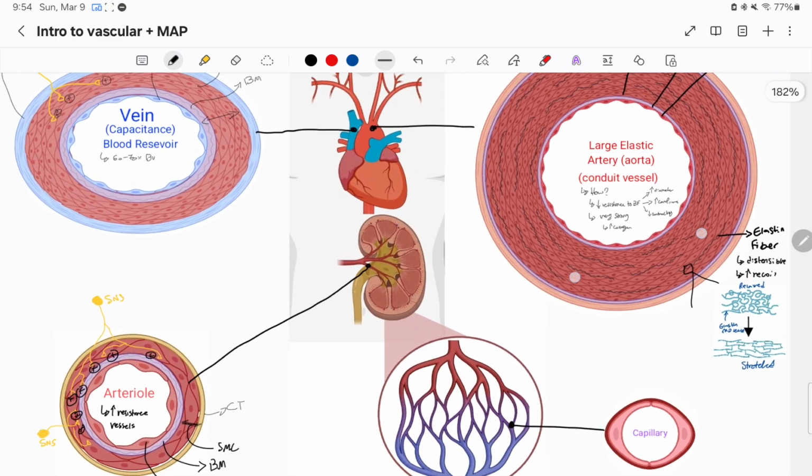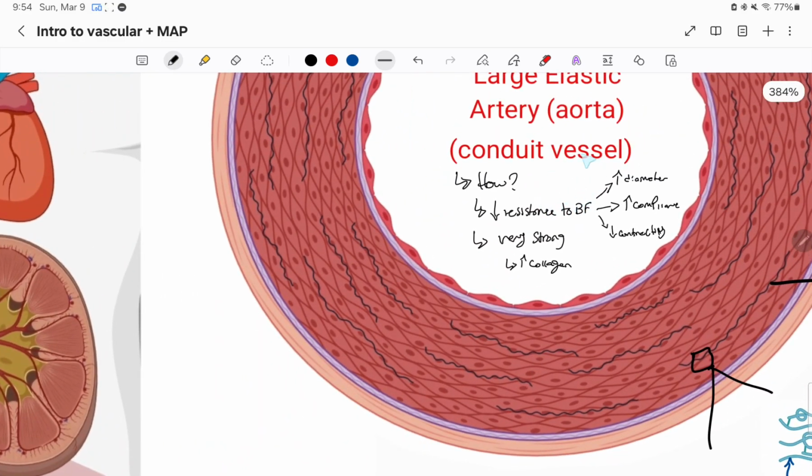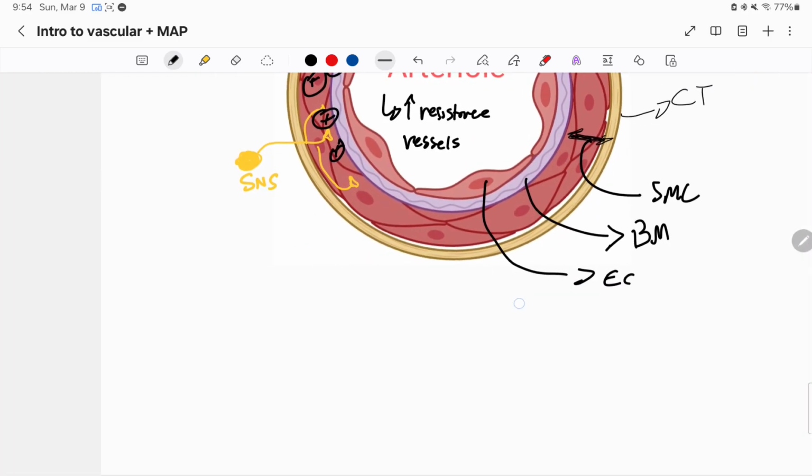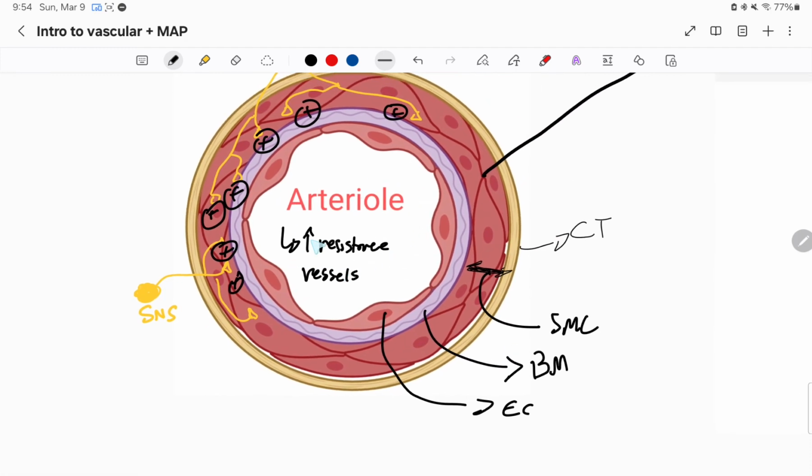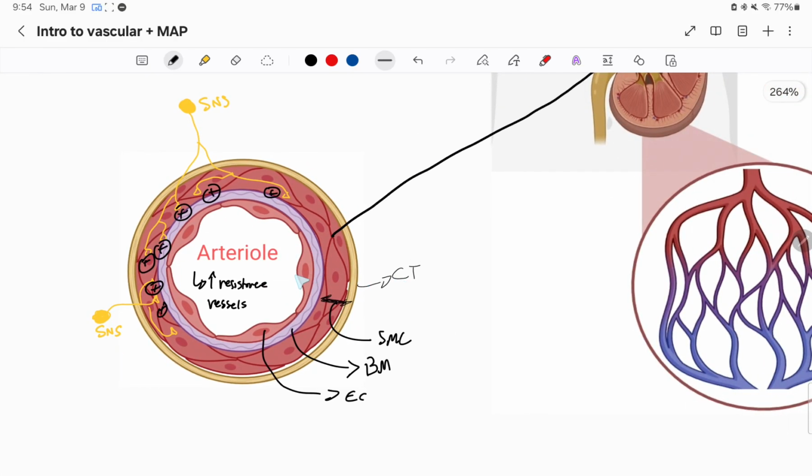Now, you will remember that I said that the artery is actually very low resistance to blood flow, and that's because it's not very contractile. These guys, okay, not only do they have a smaller diameter compared to the artery, but they're also extremely contractile. Another thing is they're not very compliant, as in they don't have any elastin.